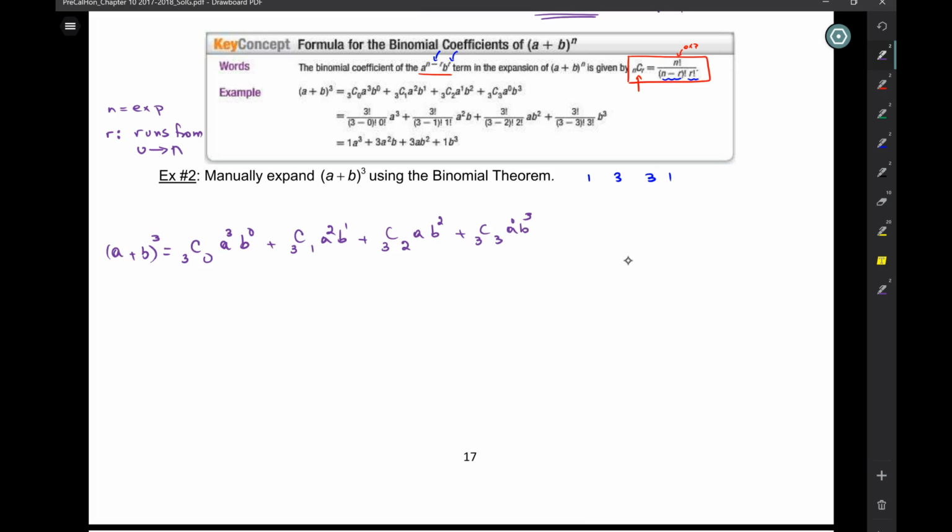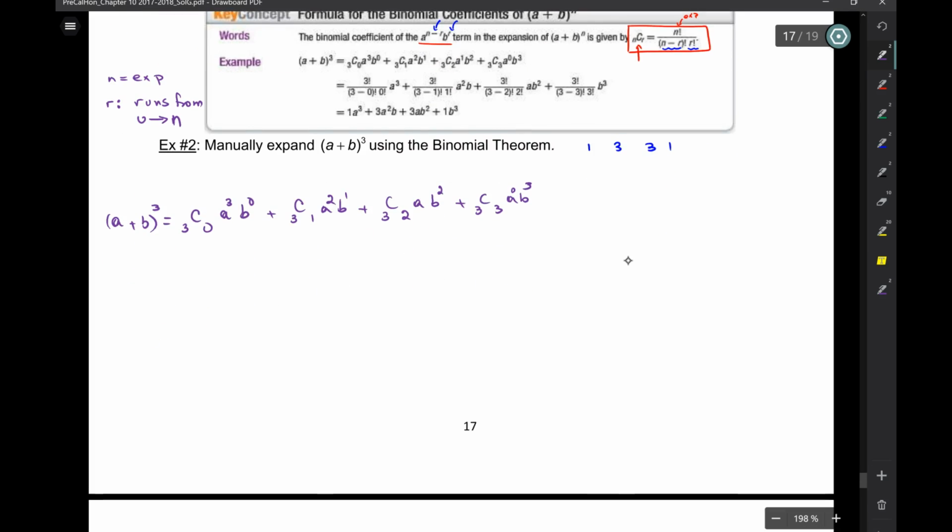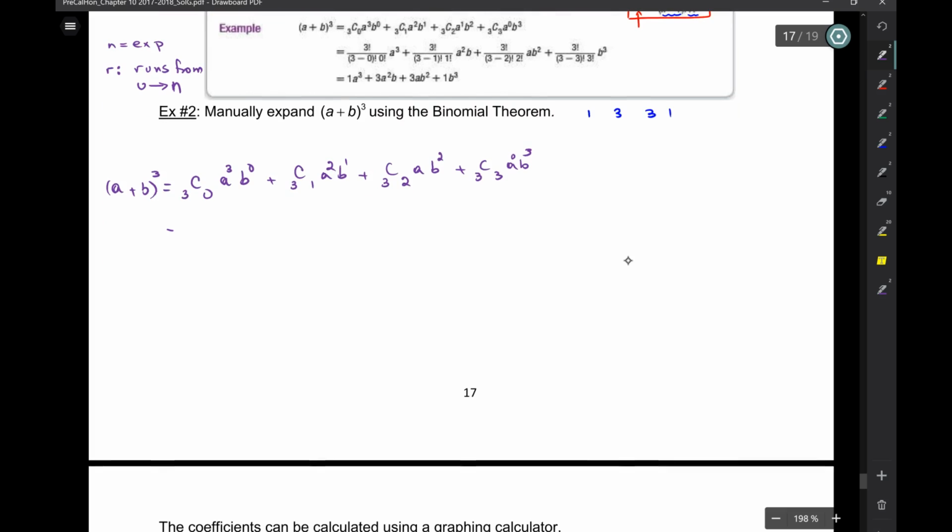Okay, so let's see what else we're going to do here. We're doing it manually all the way. So here it's going to be n factorial, so that's the first one, over n minus r, the difference of the two, times the second, r factorial.